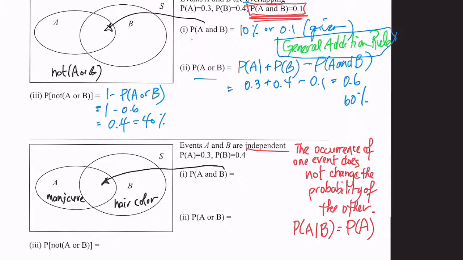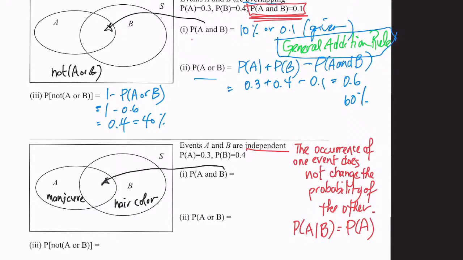Because they've spent money. If you're told the events are independent, it means that the chance of a manicure would still be 30%. No effect of having had the hair color done. Okay, so you can see how I've described it. You can debate whether that's going to be a set of independent events, but if you were told they're independent, that's how it would work.